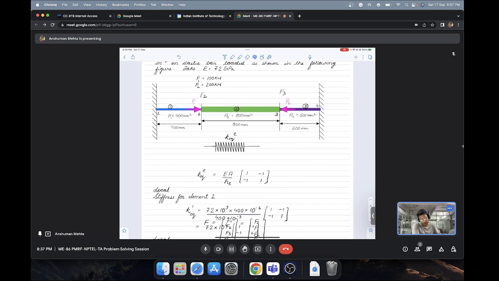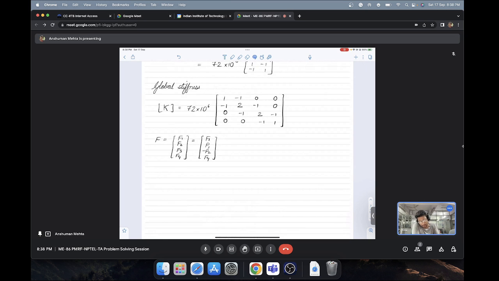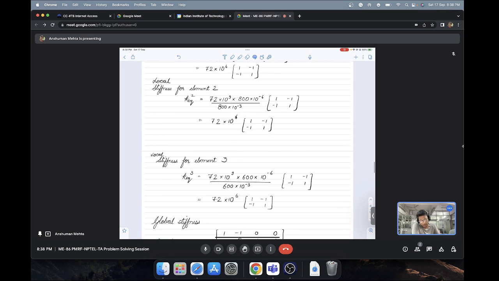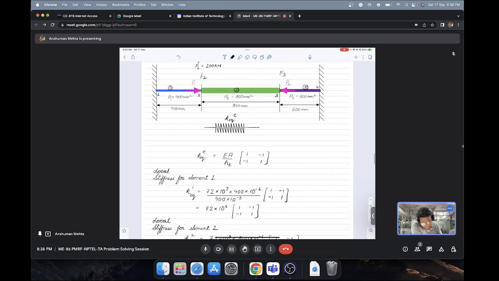We will just transfer it here. Also there will be a u vector, which is u1, u2, u3 and u4. Now here we know that u1 and u4 are 0 because it's fixed. So 0, u2, u3, 0.